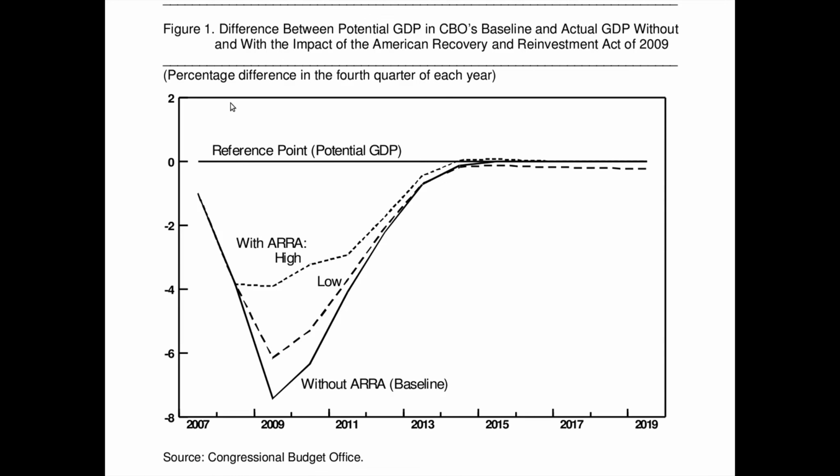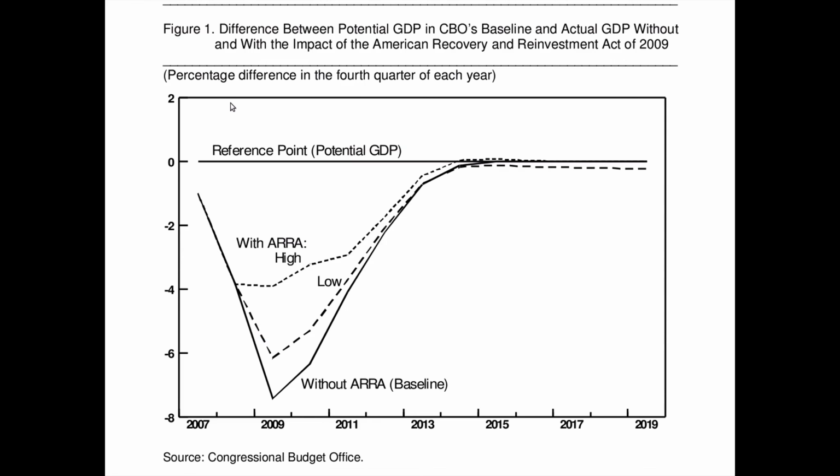And here we have a graph that was made from the Congressional Budget Office's projections. This solid line represents what they think would have happened without the ARRA. Again, we don't really know that for sure. And then versus what we think is going to happen with the ARRA, and they produce two of these, a high estimate and a low estimate.